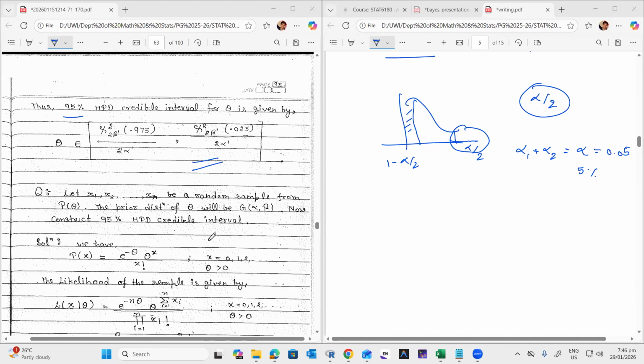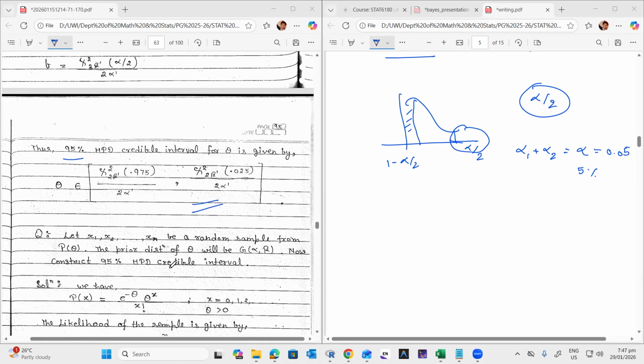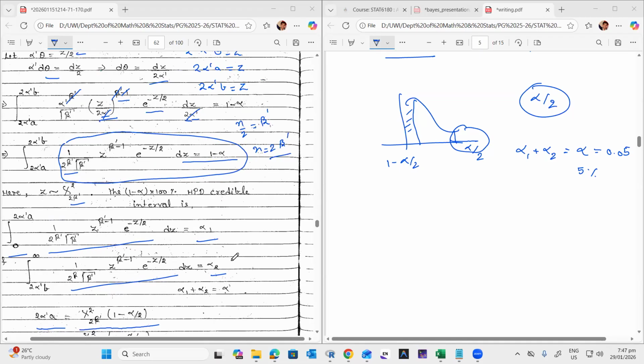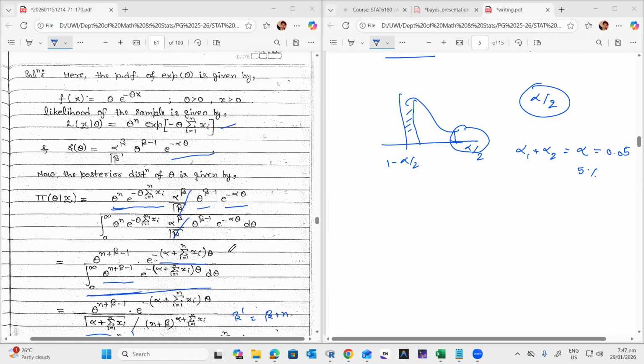We are not using G theta anywhere. Okay, the first example of the non-informative.